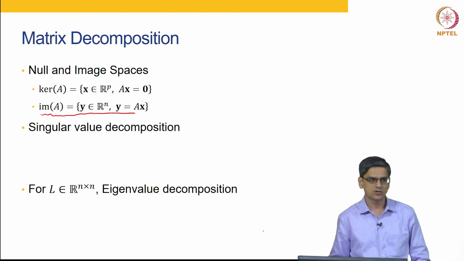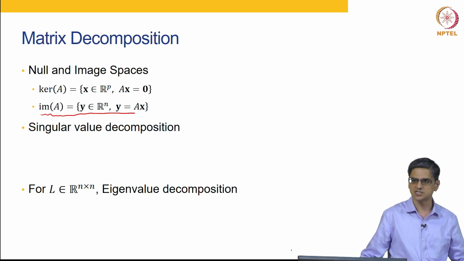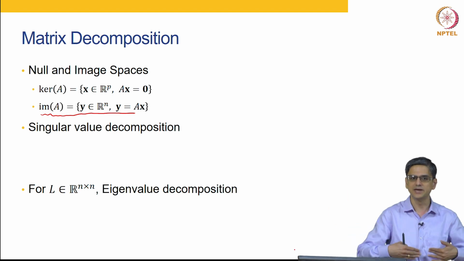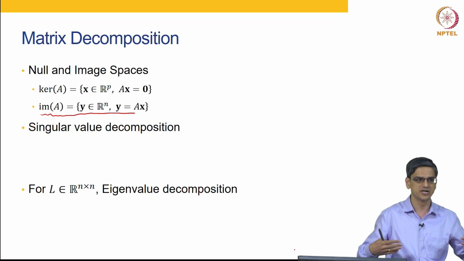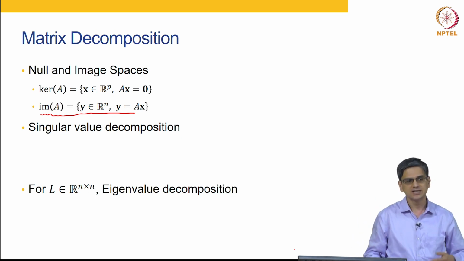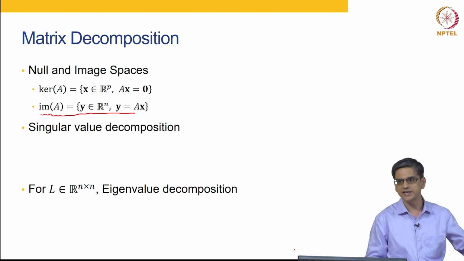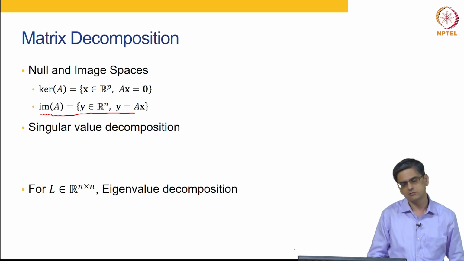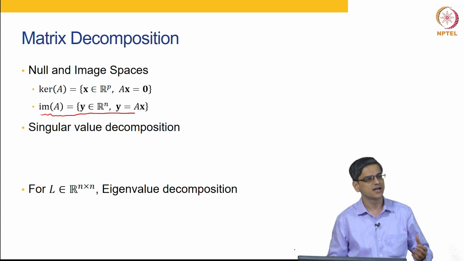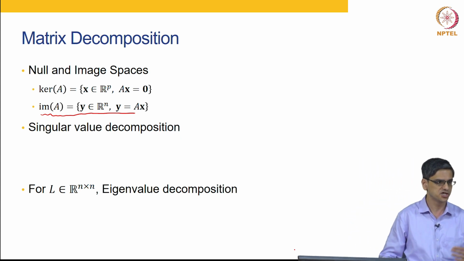The example that we took was of a blending system, where you were going to mix two streams which have the same purity. Then the image space is only the height, because height is the only thing that you will be able to change by changing the inputs.